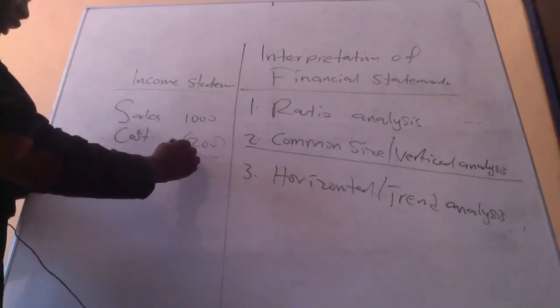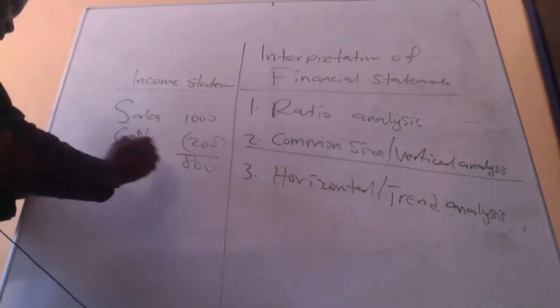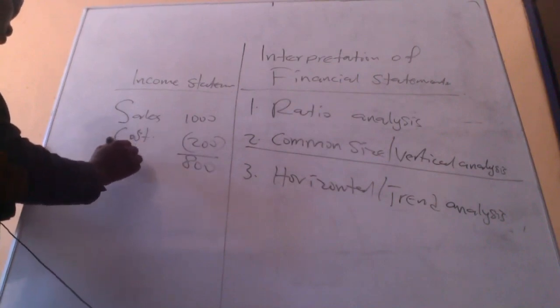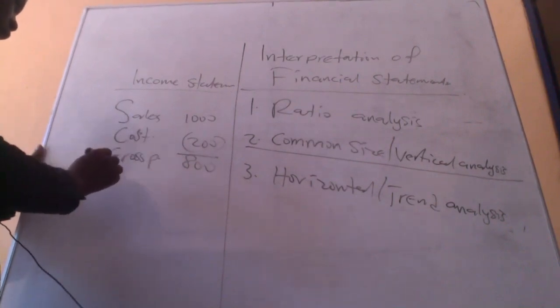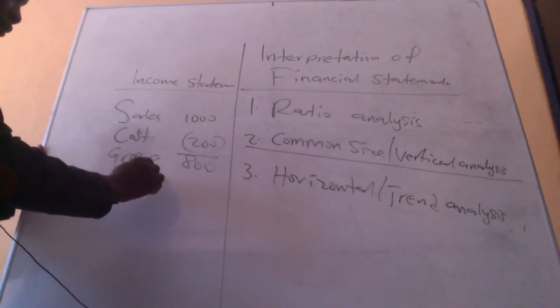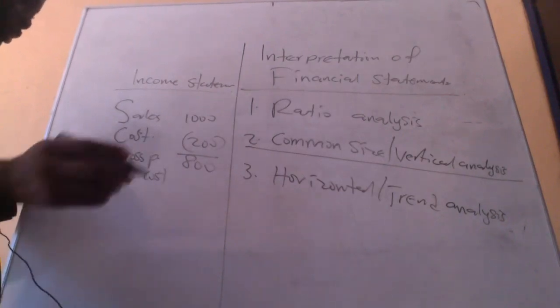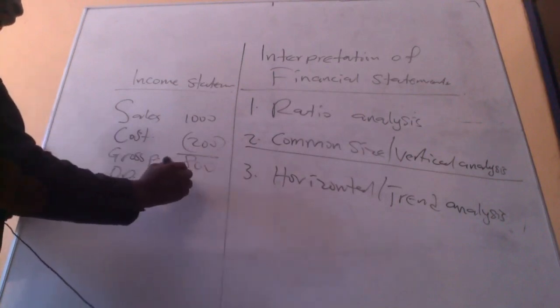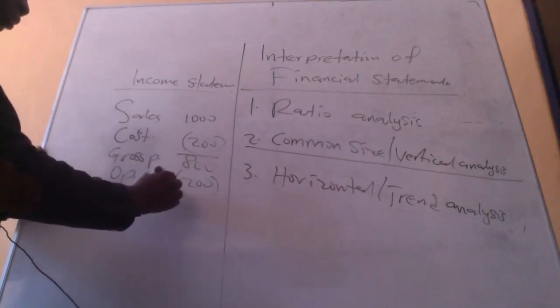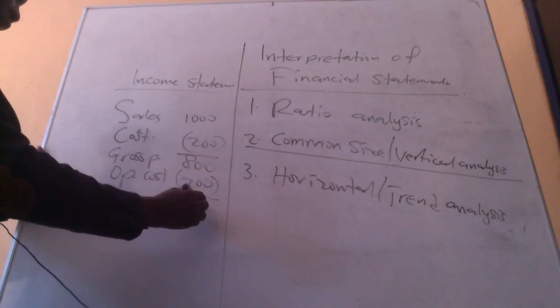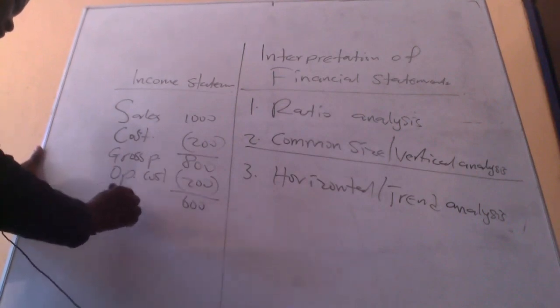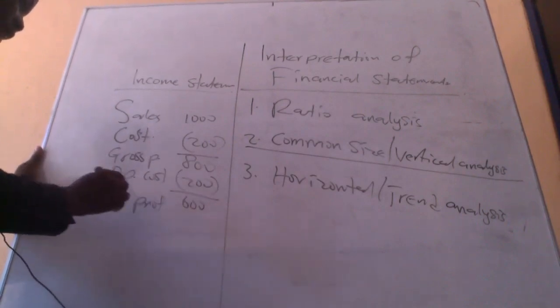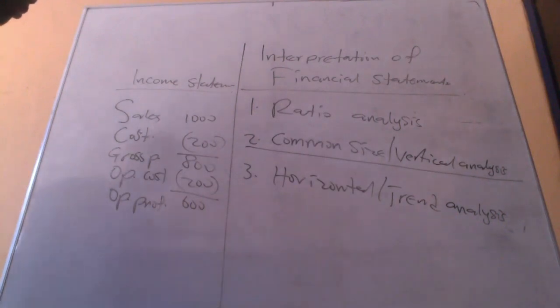So our gross profit is 800 cedis. Then operating costs. Let's just assume it's 200, yes. So that would be 600. That's operating profit.